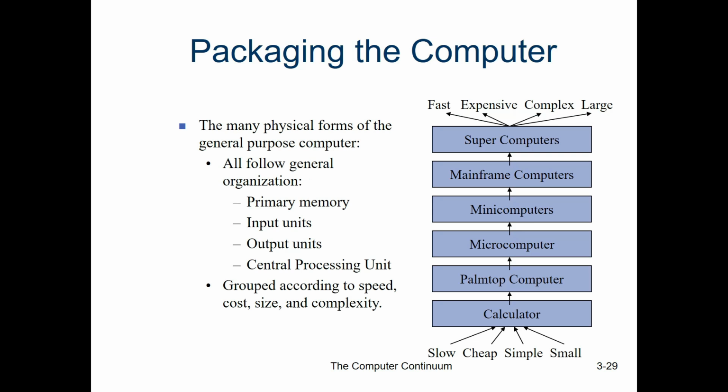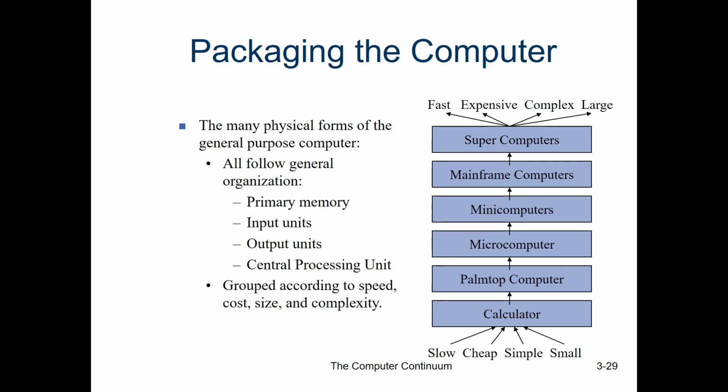Alright, the next thing is packaging the computer. Computers come in various forms. We have supercomputers, mainframe computers, minicomputers, microcomputers, palmtop computers, calculators, smartphones, and many other things. The many physical forms of general purpose computers all follow the same organization.